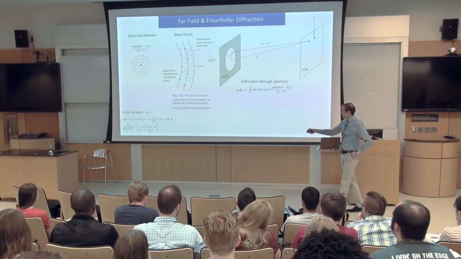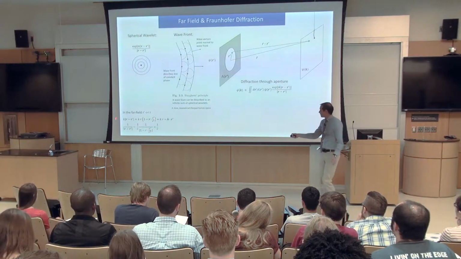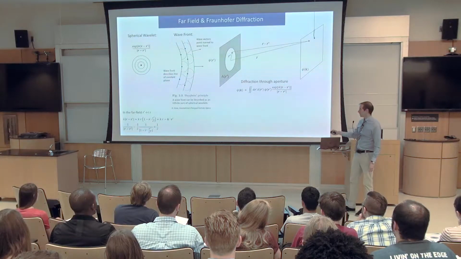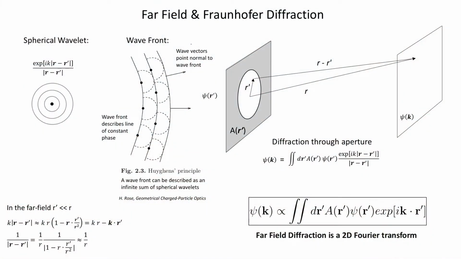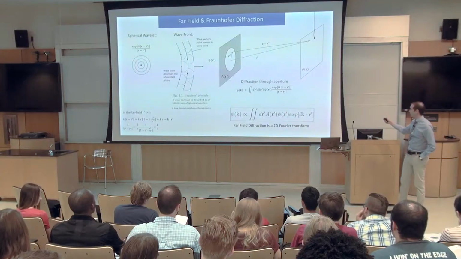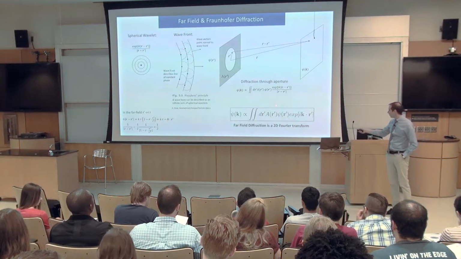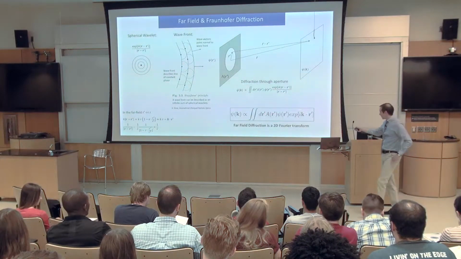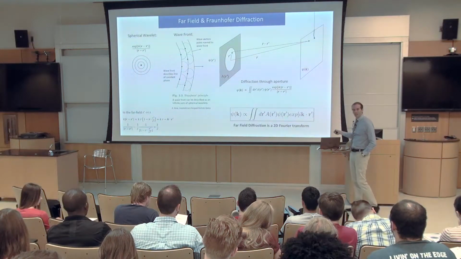We can do some expansions, and in the far field these r prime terms, these two spatial coordinates that are making this integral a little messy, simplify, and we get a single expression where psi of k, the scattered wave at a distant plane, is a double integral of our aperture function and our wavefront with this exponential e to the i k dot r.